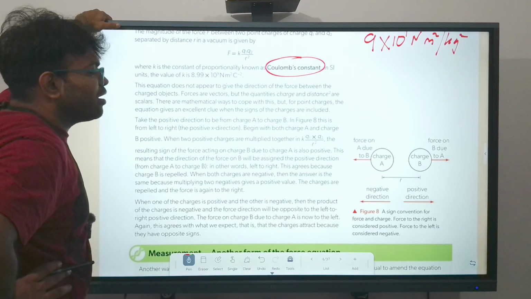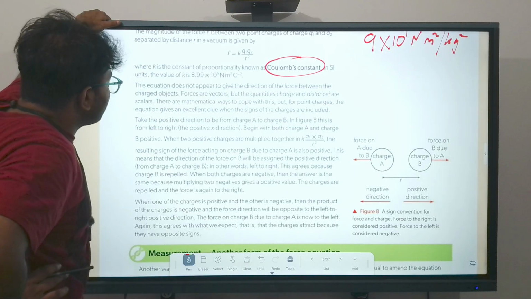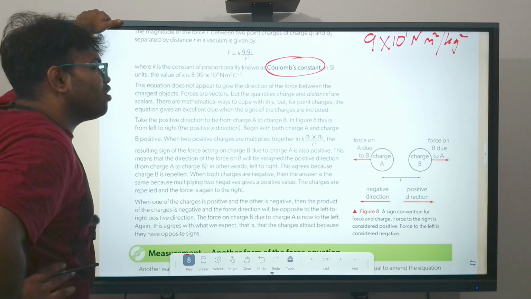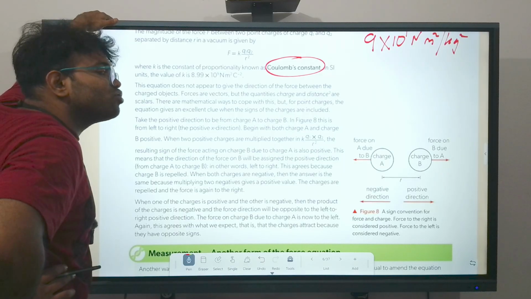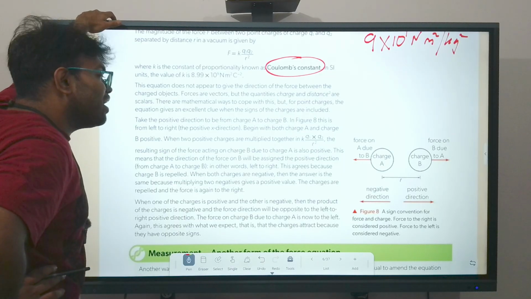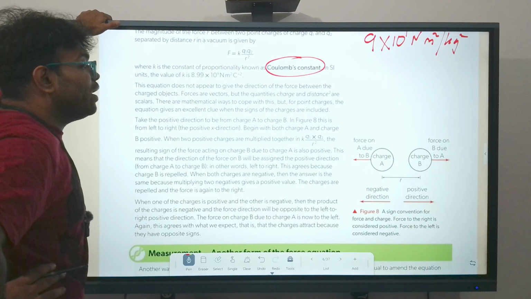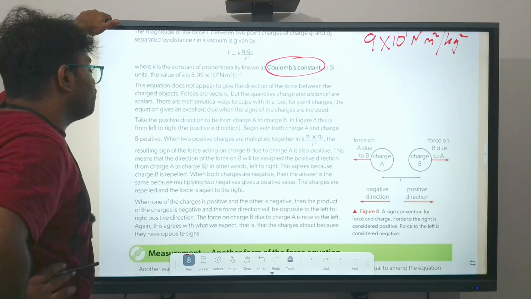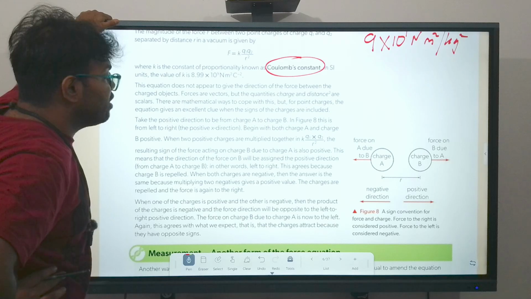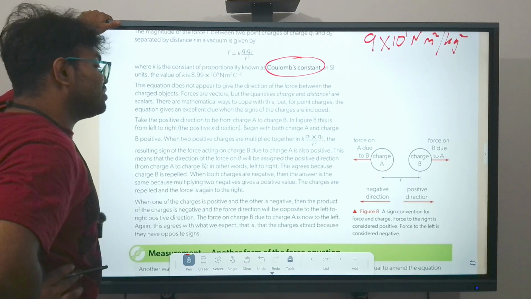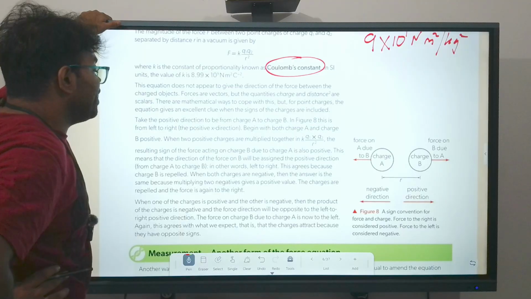When two positive charges are multiplied together, the resultant sign of the force acting on B due to the charge A is also positive. This means that the direction of force on B will be assigned the positive direction from charge A to B, in other words, left to right. This agrees because charge B is repelled.